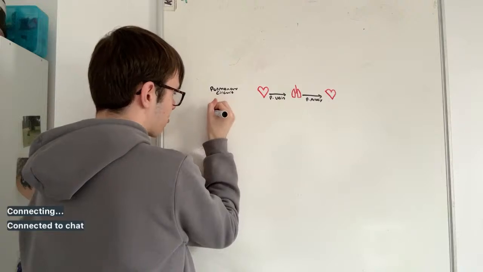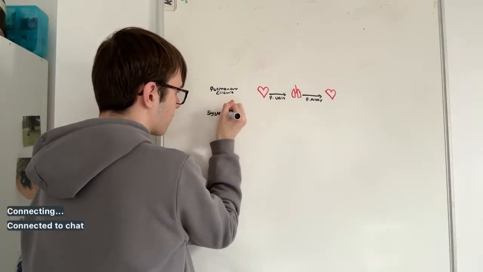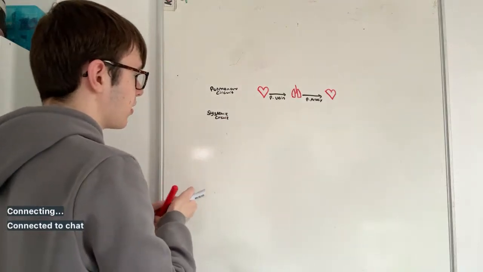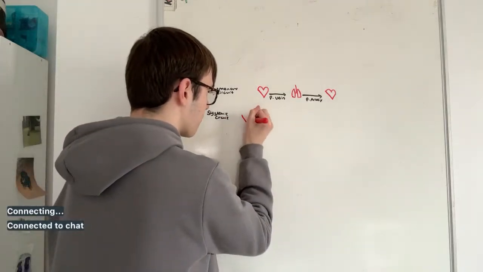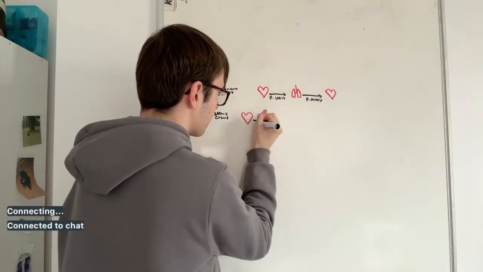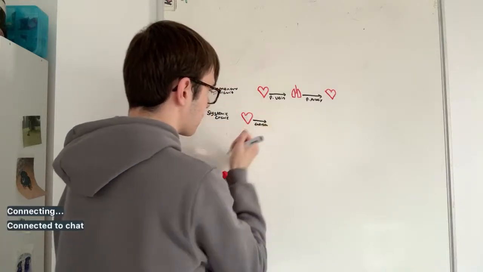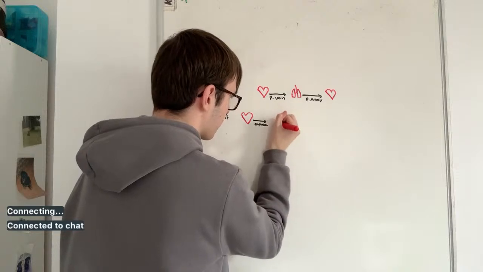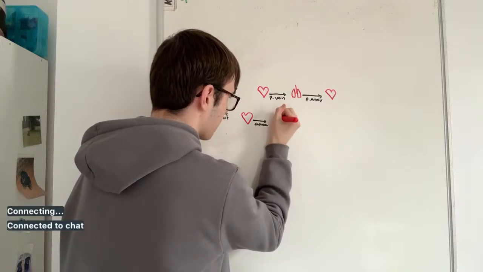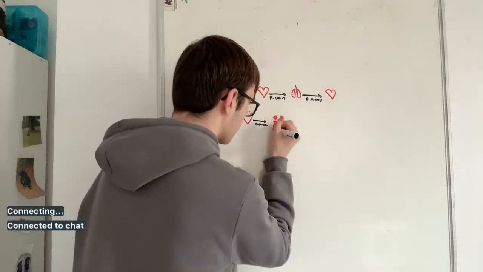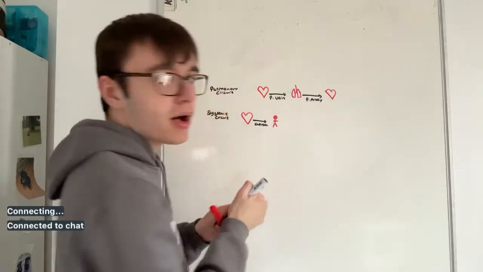Your systemic circuit is where you go from the heart through the aorta into, I'm just going to draw a person, to other parts of the body.